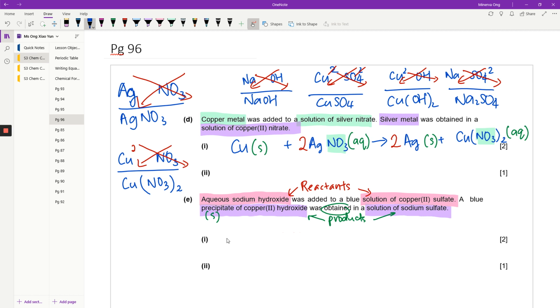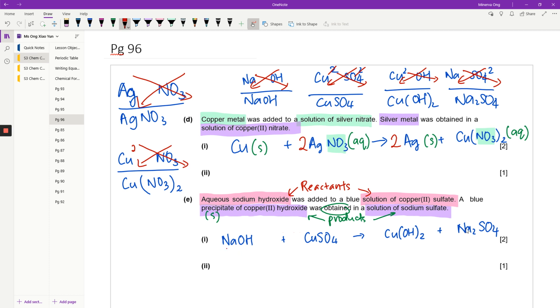So let's put all the things together, leaving space for state symbols and balancing. So let's balance first.